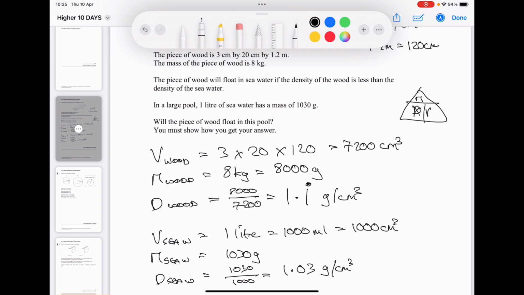It then says, well, the piece of wood will float if the density of the wood is less than the density of the seawater. So the density is not less.